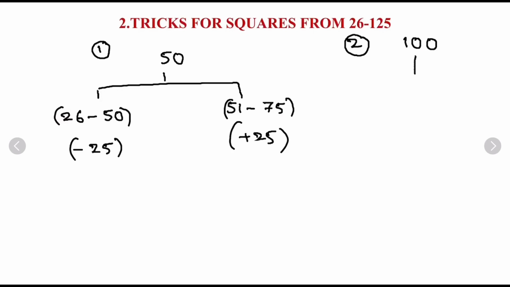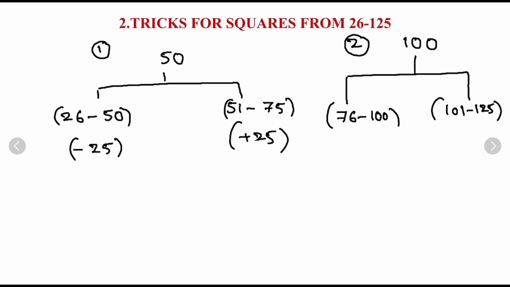The squares which are near to 100 are also divided into two categories, that is 76 to 100 and 101 to 125 squares, minus 25 and plus 25. We will discuss all those shortcut methods in detail.